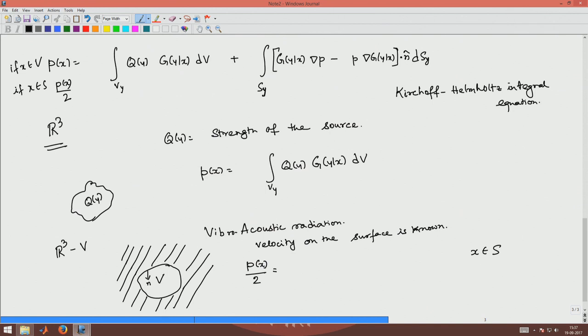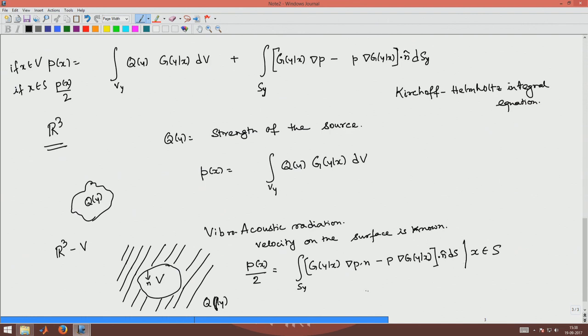So, when you have this condition, q(y) will be 0 because there are no other sources in the shaded volume, which is the volume of interest. Because q(y) is 0, p(x)/2 is going to be evaluated by just this surface integral, which is ∂p/∂n minus p on the surface, gradient of G(y,x) dot n dS.